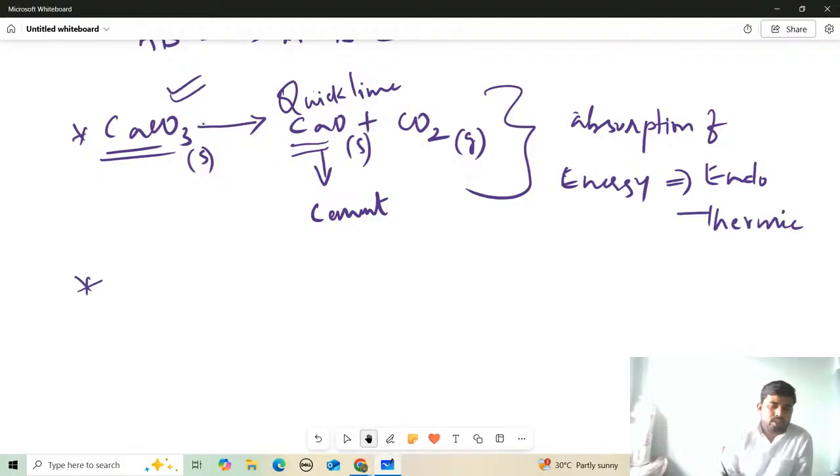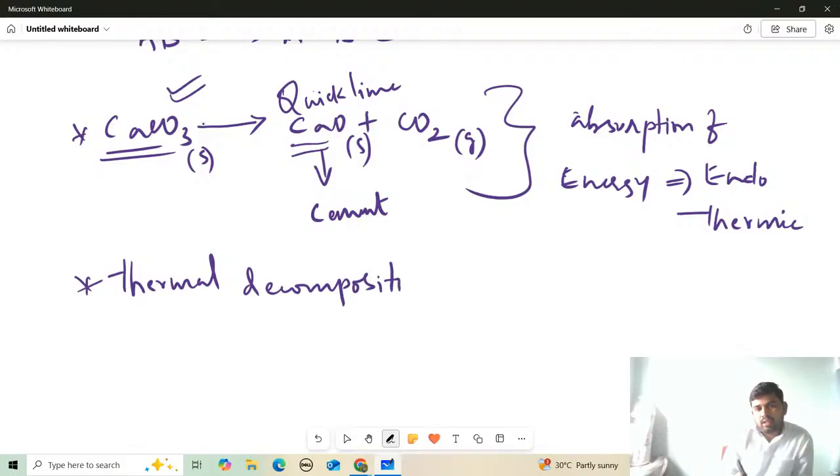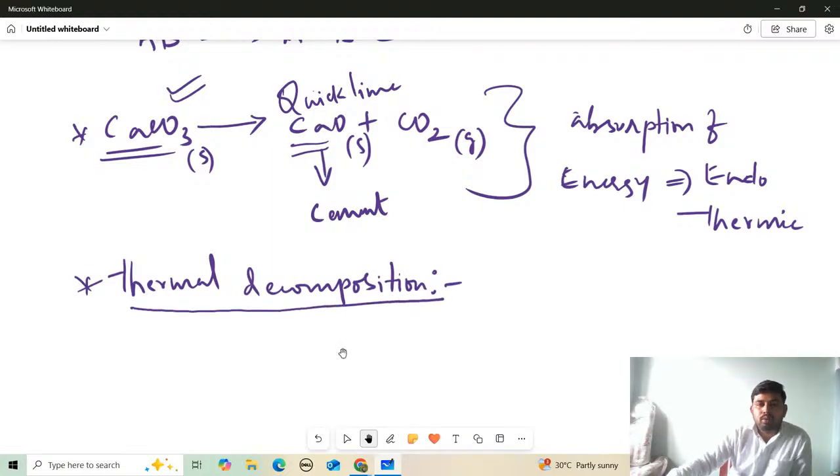Now, based on what kind of energy they absorb, these are classified again. The first one is thermal decomposition reaction. Thermal decomposition means this reaction will take place by the absorption of heat energy. Just remember.